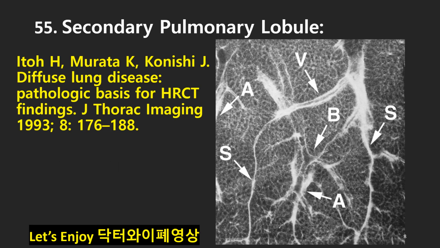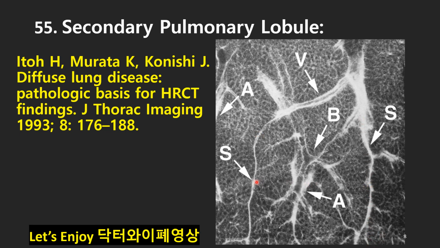Before entering the tour of chest thin section CT of a micronodular pattern, we have to revisit the classic anatomic picture of a secondary pulmonary lobule, which was shown by Dr. Itoh Harumi in 1993. The base here represents the visceral pleura, and the S represents interlobular septum, another interlobular septum.